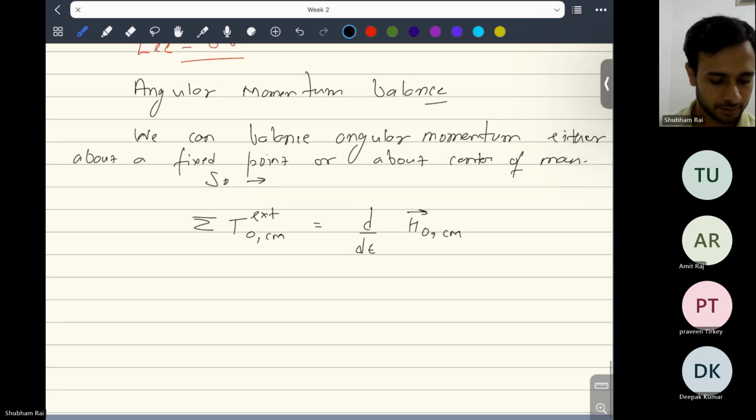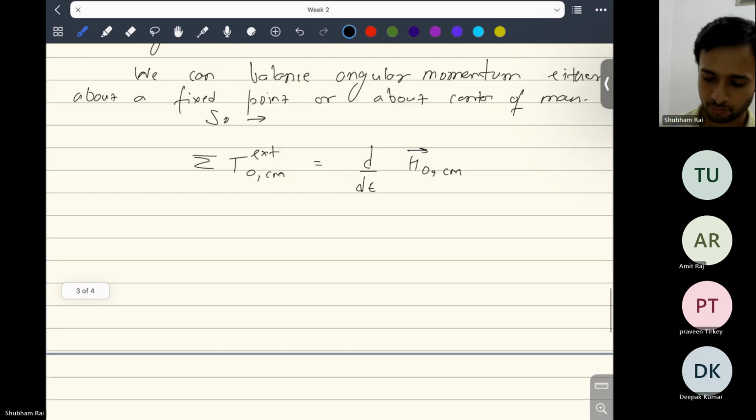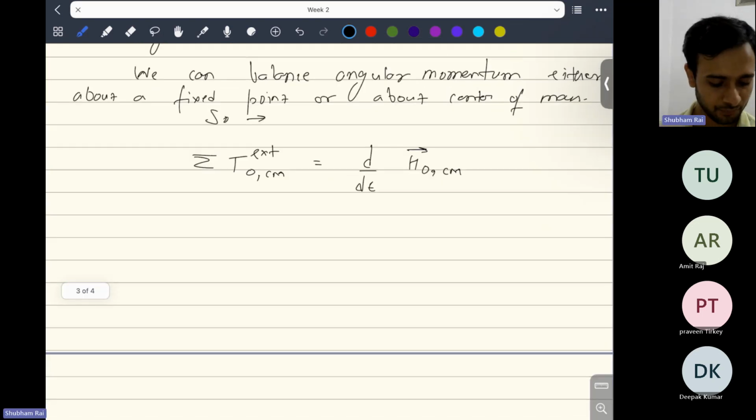Obviously torque also has a traction component and a body force component, so let me write it down. First, this external torque has a traction component.